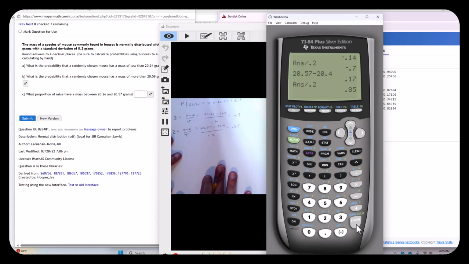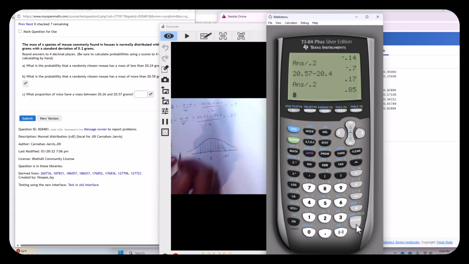I always like to draw the curve to see what it looks like. Draw the standard normal curve and put your 0 in there. The left endpoint is negative 0.7, so it's somewhere over here, not to scale. And this one here is positive 0.85. So this is the area that I want.